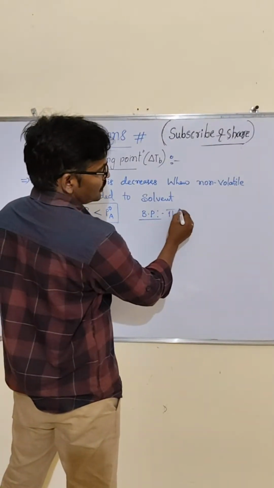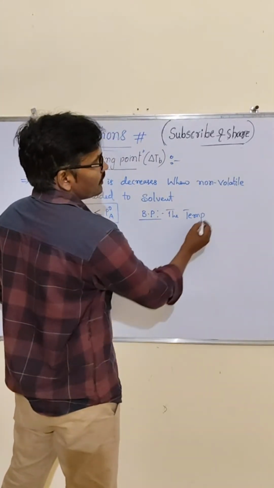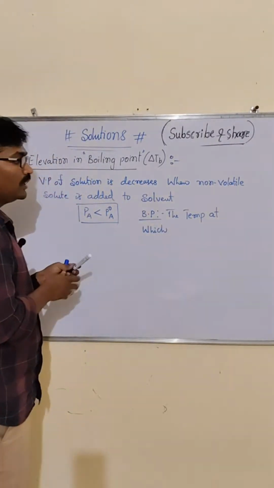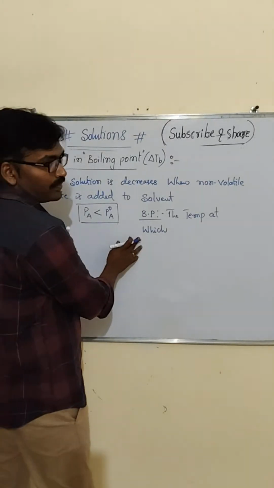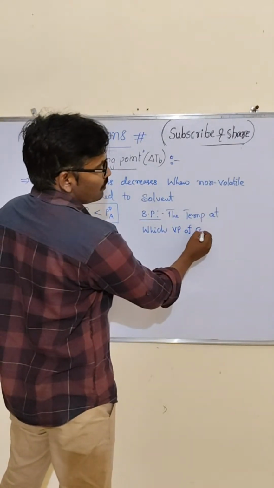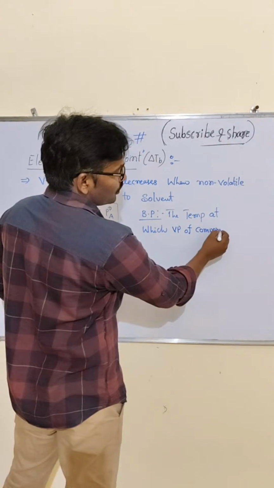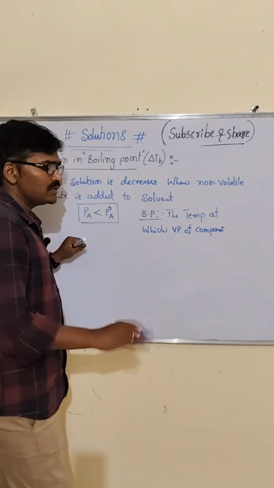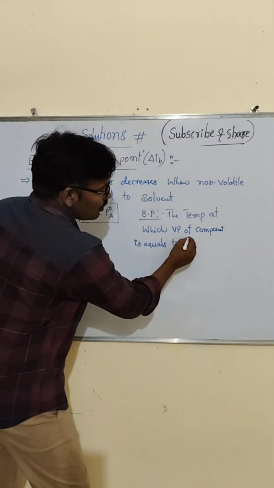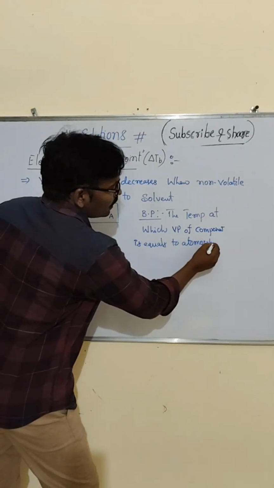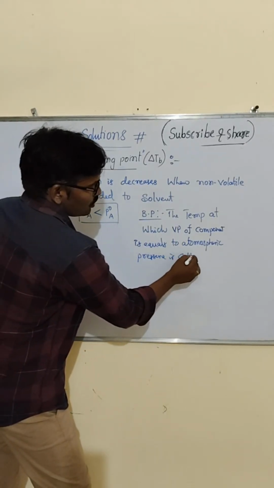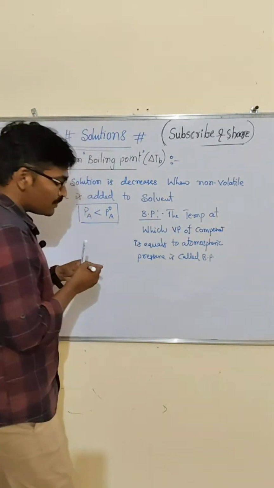Remember, observe the point carefully, the temperature at which the vapor pressure of the component, either solute or solvent, is equal to atmospheric pressure is called the boiling point. See, look at my dear students.